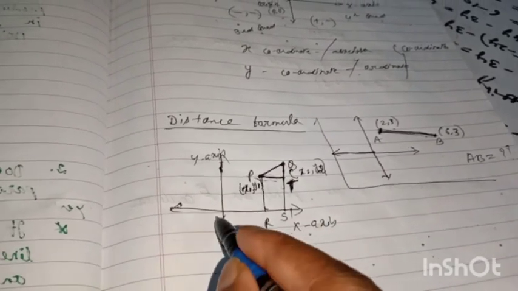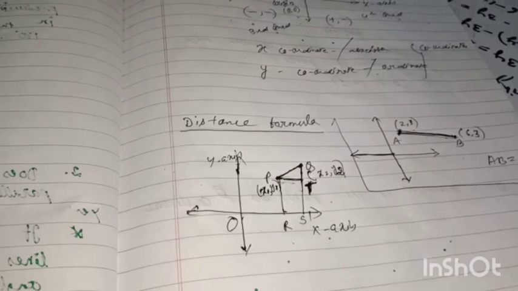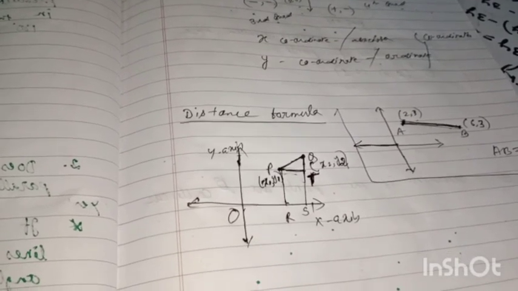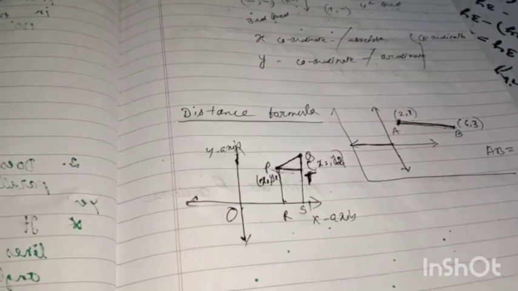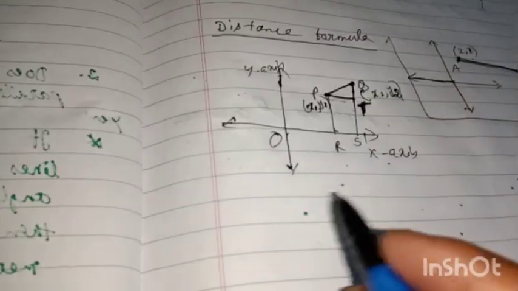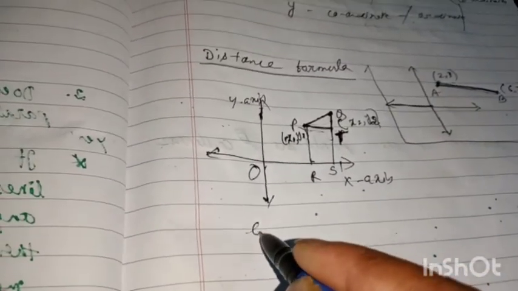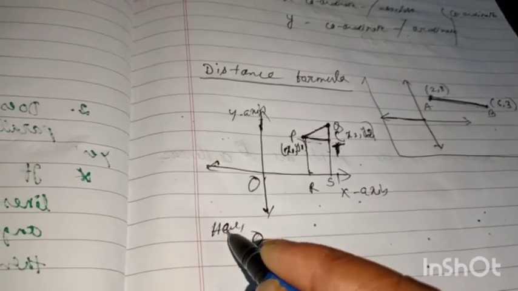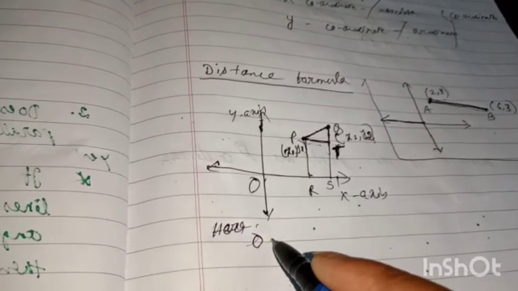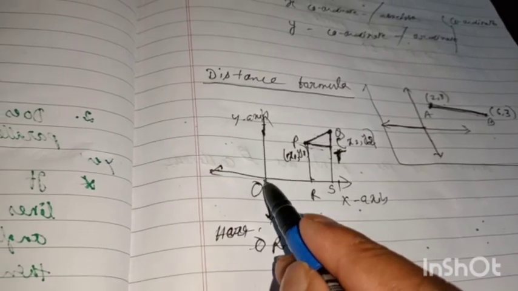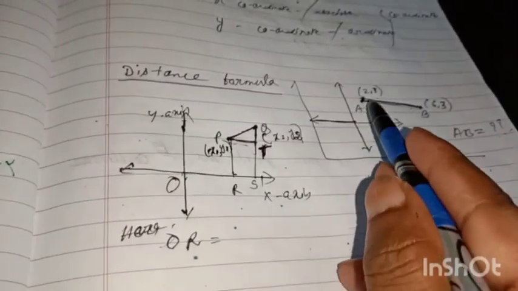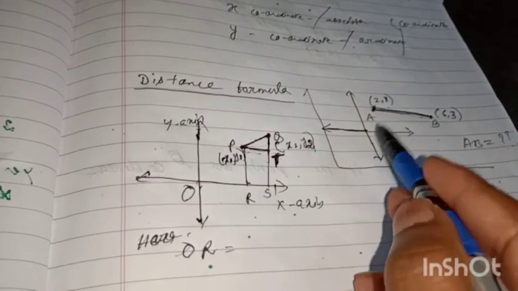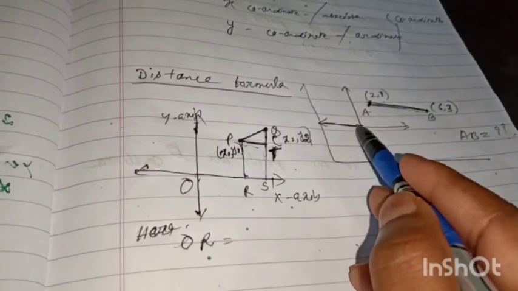Now see, suppose this is O. Now see, here if you find out OR, this is here, okay, OR. So OR means what? Suppose on the x-axis you have to see like that, 2, 3.